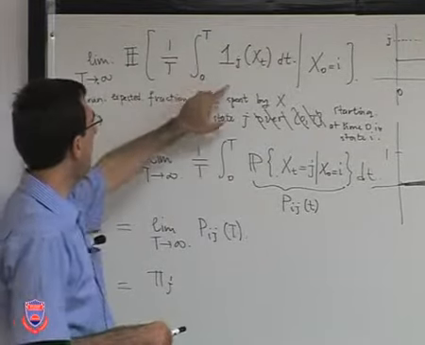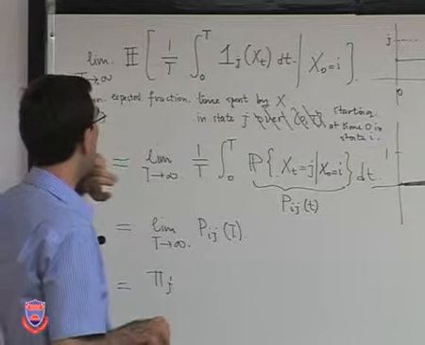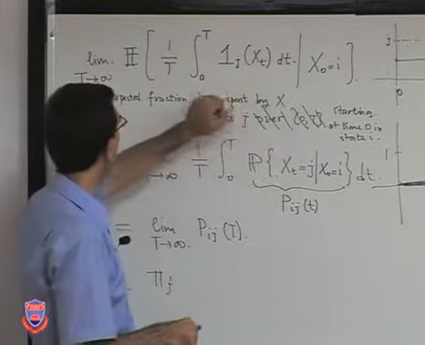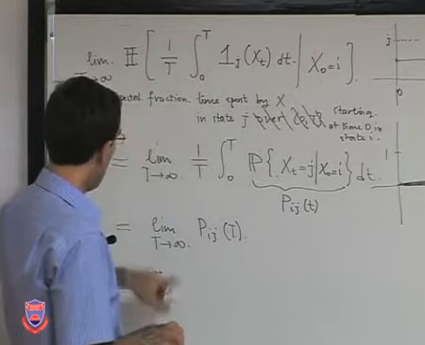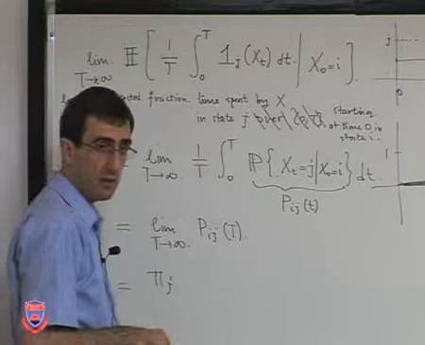So whenever we would like to calculate the fraction of time the Markov chain spends on average in any given state J, that is given by the limiting probabilities again, right? Okay.